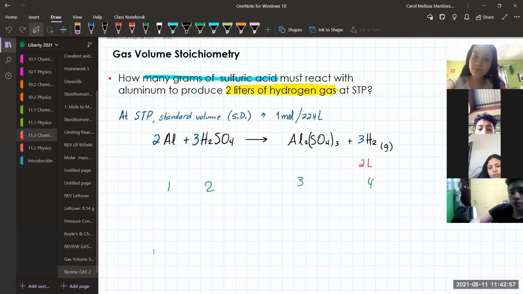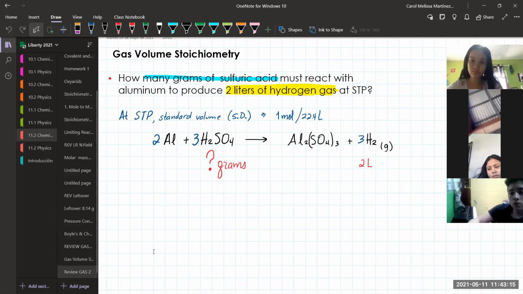Two. The number 2, because it begins with hydrogen. Remember, all acids begin with hydrogen. So from here, this is going to be my unknown, and this is in grams.